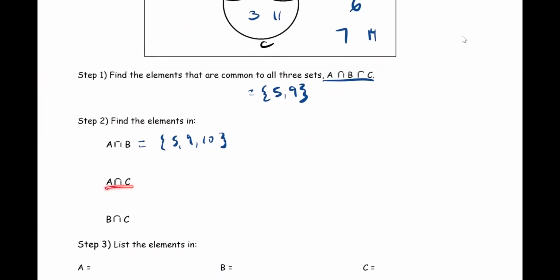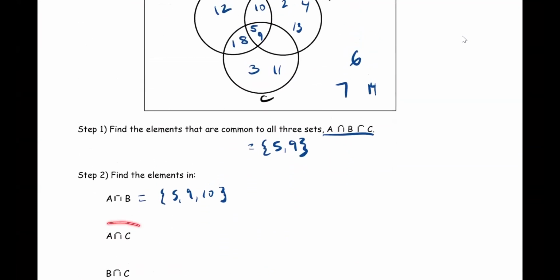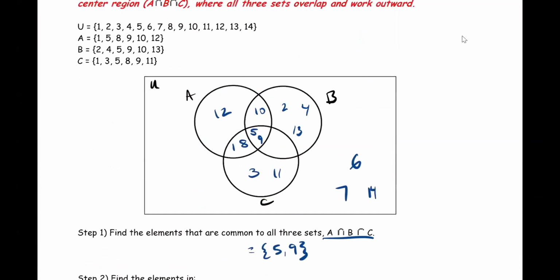All right, A intersects C. What's common between A and C? Just looking at the Venn diagram, 1 and 8. It looks like this whole part is common for A and C. Isn't that also common for B too?